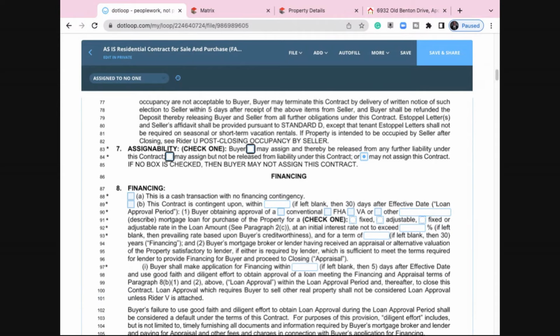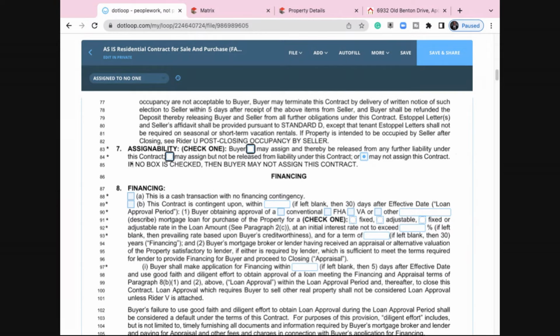But in the meantime, they may be off working with their lawyer to form a new LLC where they're going to ultimately put this property. So these two are great for that type of situation. All right, this first one says buyer may, if checked, may assign and therefore be released from any further liability under this contract.